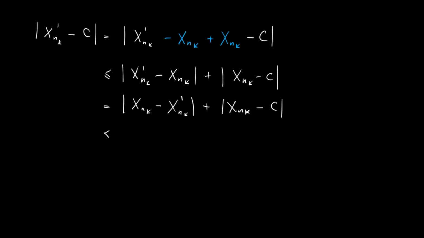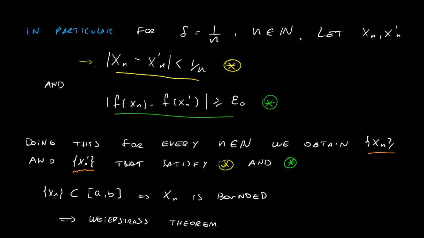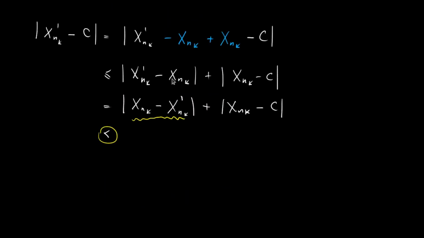But now we can bound this, because we know that these two numbers satisfy this yellow property, that is x of n minus x of n prime is smaller than 1 over n.